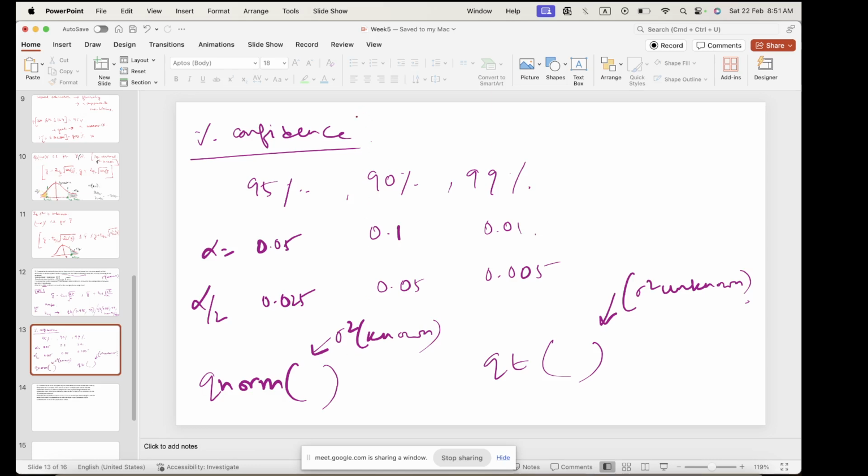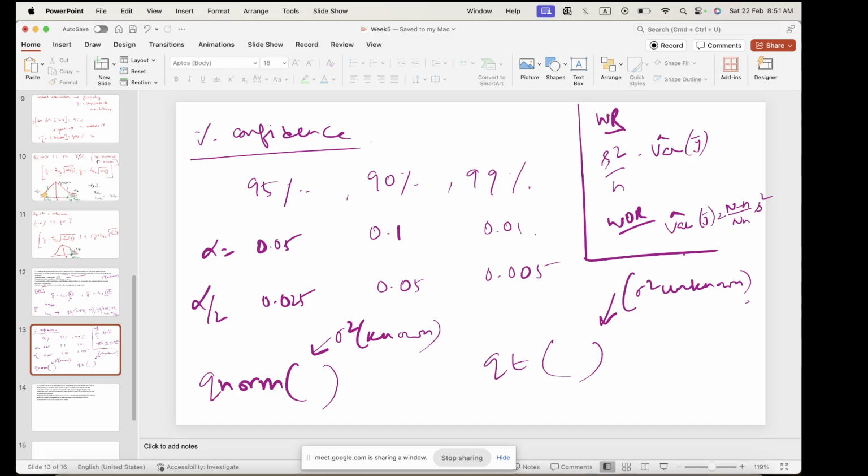And on the sampling scheme, if I have with replacement, then s square by n will be my variance hat y bar, and if I have without replacement, variance hat y bar will be capital N minus n by Nn times s square. So these are the prime considerations while calculating a 95% confidence interval.